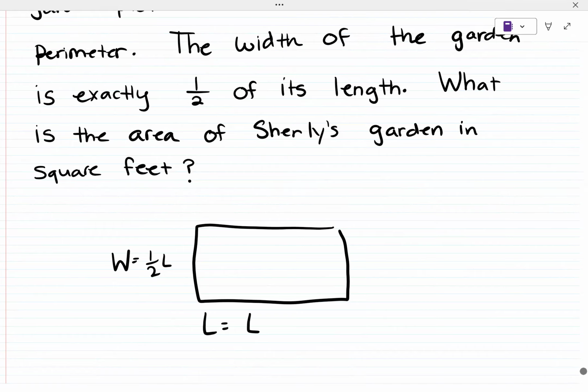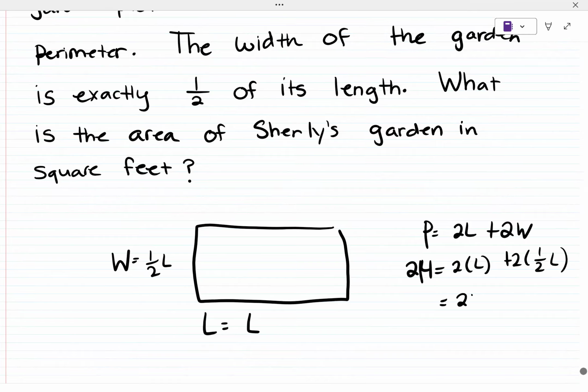What is the area of Shirley's garden in square feet? So what else do they tell us? They say that the perimeter is 24 feet. So we're going to have to use the perimeter formula. The perimeter is 2L plus 2W, right? So you can replace this P with 24, my length is L, and my width is one half L, right?